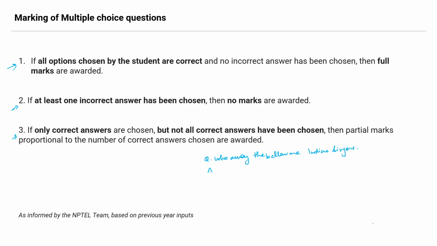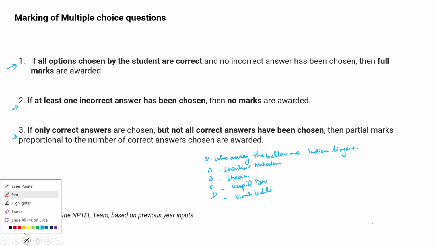Let's take four options: Shankar Mahadevan, Shan, Kapil Dev, Virat Kohli. It's just a sample question to help you understand how the marking works and how the scenarios play out.